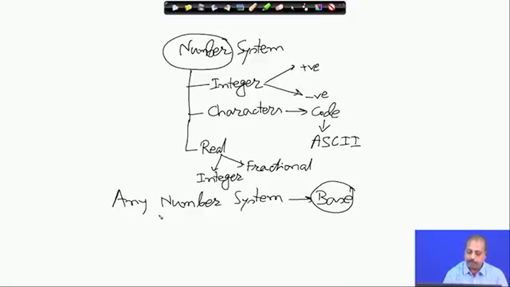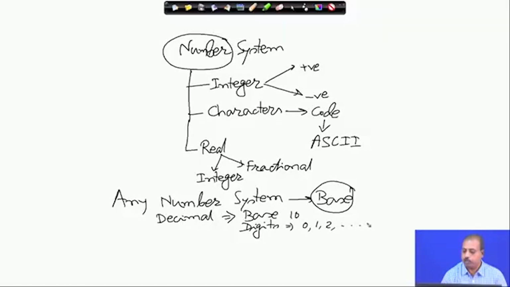For example, we are familiar with the decimal number system. In the decimal number system, the base value is 10 and the digits are 0, 1, 2 up to 9. So, we have 10 different digits and the base of the number system is 10.